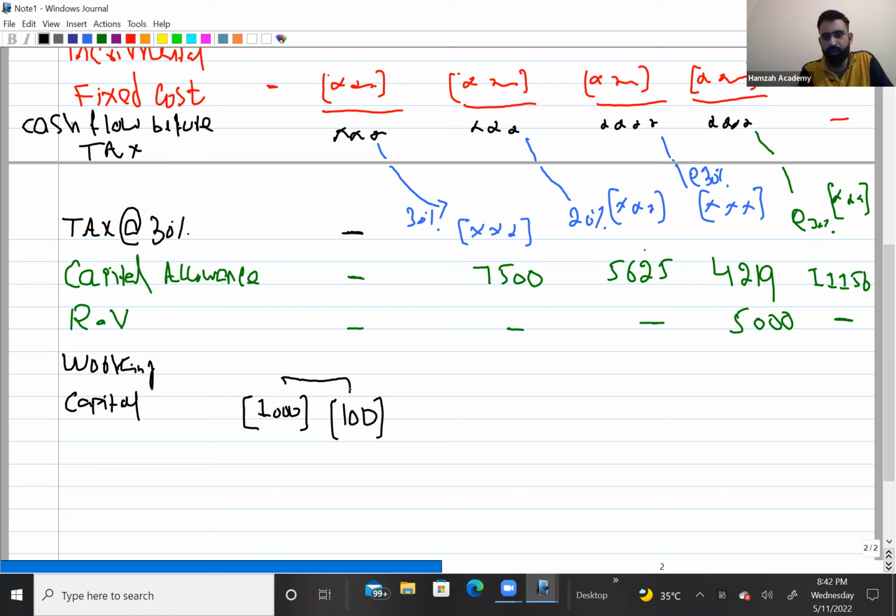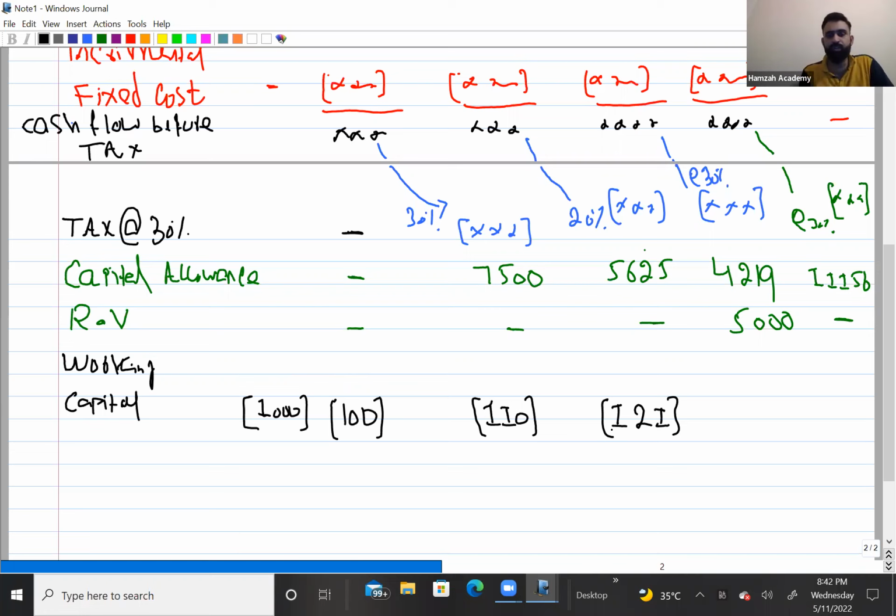Then in year 2, we need 110 further working capital, because there will be an increase of 10% each year. So the total working capital invested till year 2 is 1000, then 100, 1100, then 110, so now we have a total of $1,210 invested in working capital. Then in year 3, again we will take the 10%, and this time it will be 121. Okay, 10% of the total accumulated working capital.